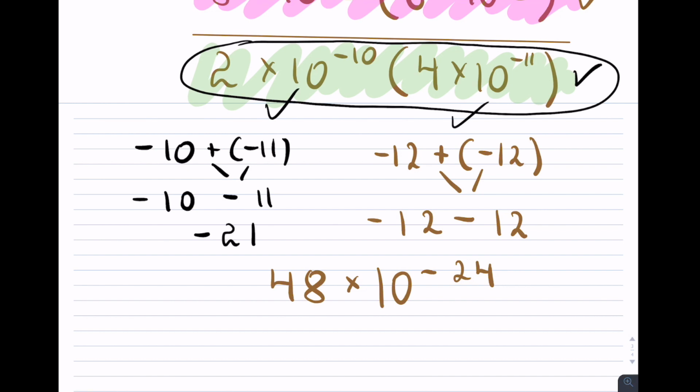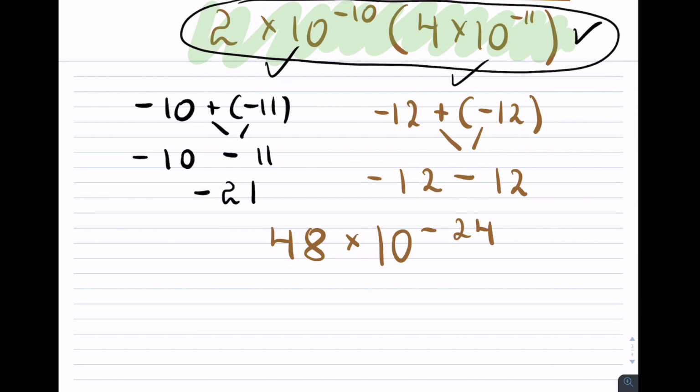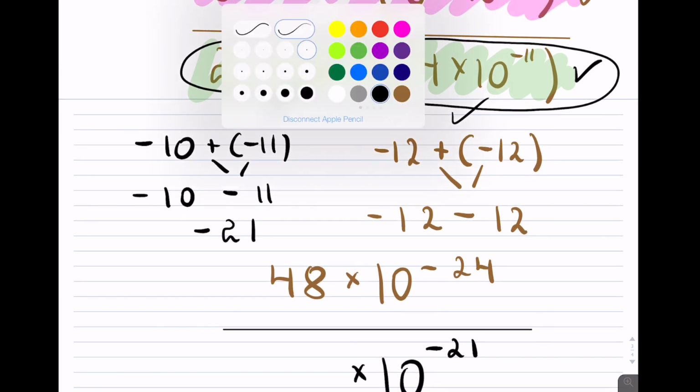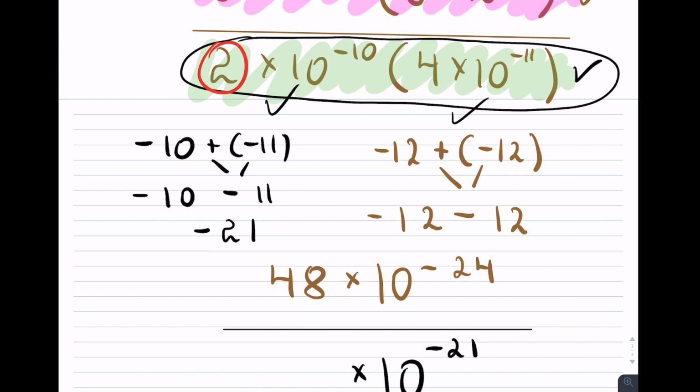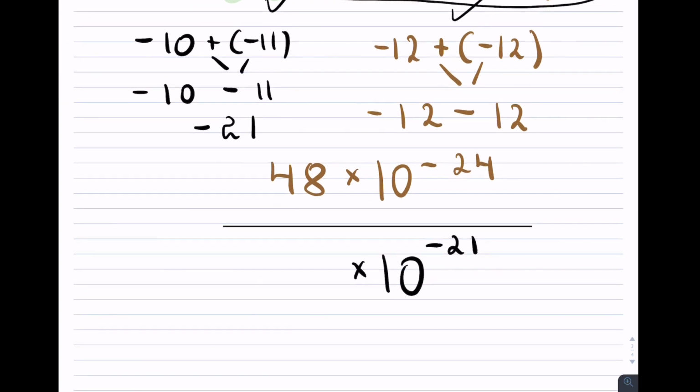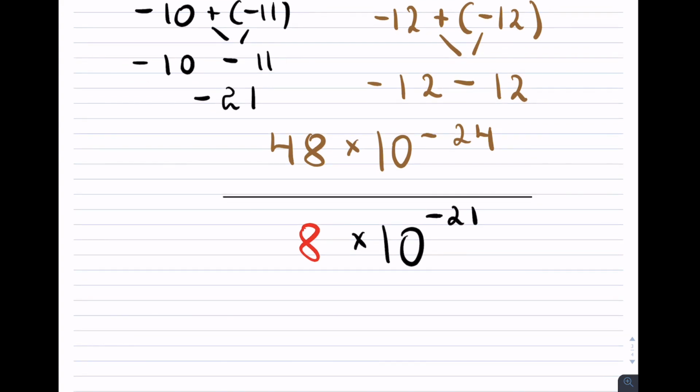So at the bottom, I have 10 to the negative 21. And then 2 times 4 is 8. Now I can do the division.